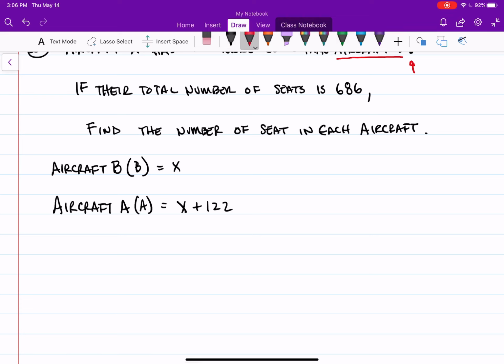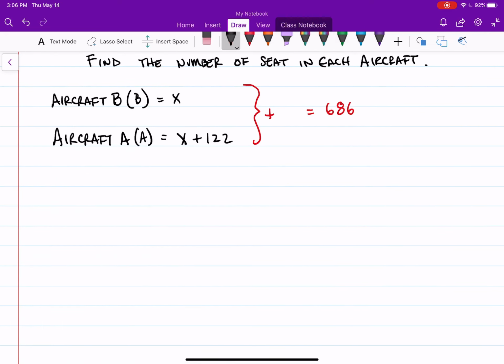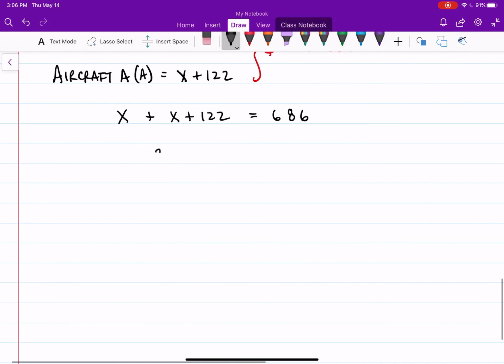So I say that these two added together would equal 686. So if I take the number of seats in aircraft B, which is X, added to the number of seats in aircraft A, which is X plus 122, then that must equal 686. Okay? So I solve. 2x plus 122 is equal to 686.